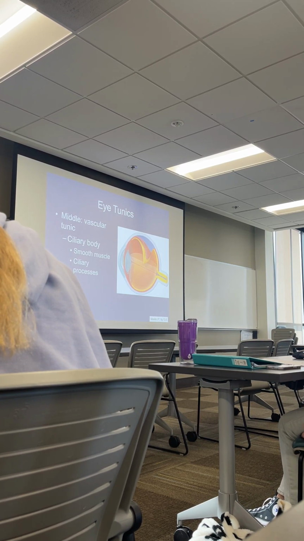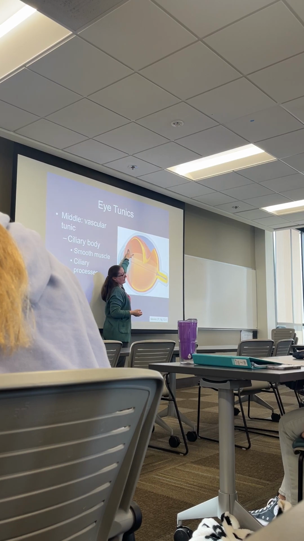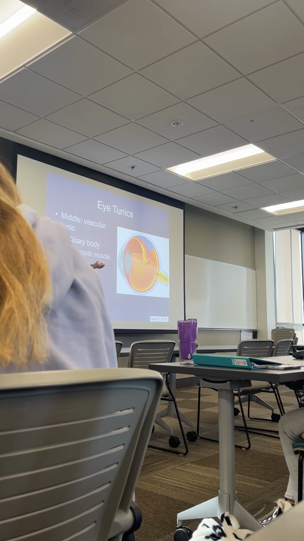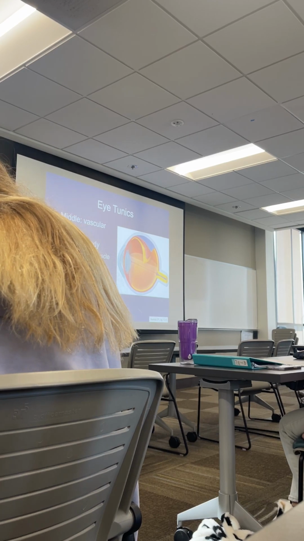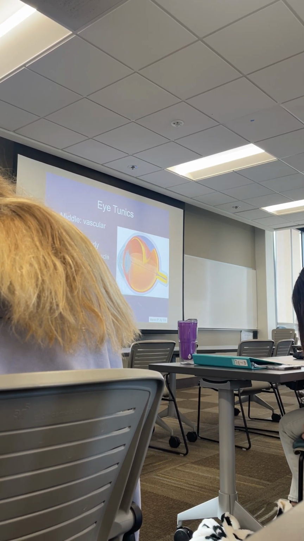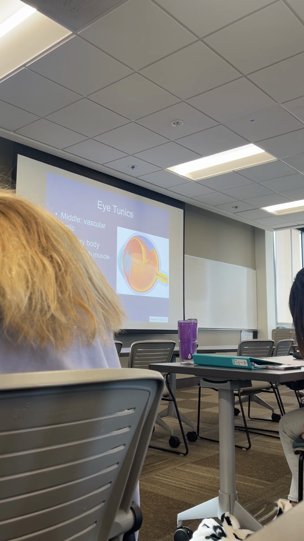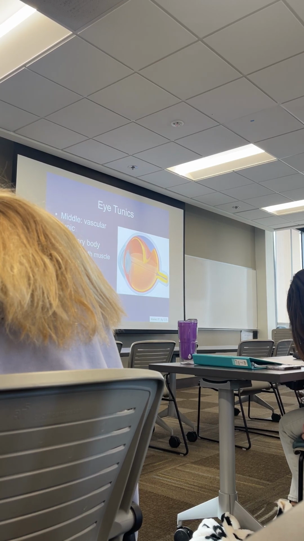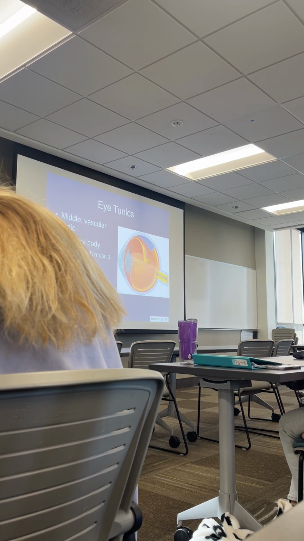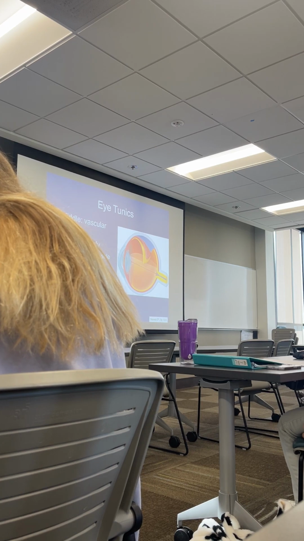Again, at the front part of the eye, we're going to have the ciliary body. The ciliary body has ciliary muscle, which is a smooth muscle. What cranial nerve have you learned about that is involved with ciliary muscle?